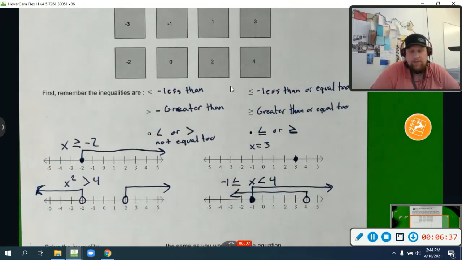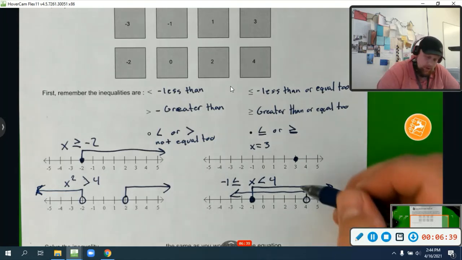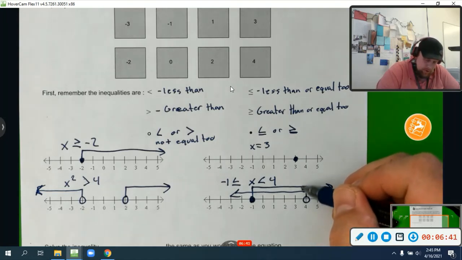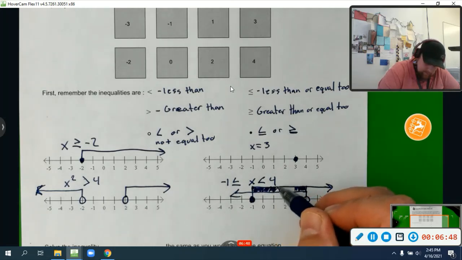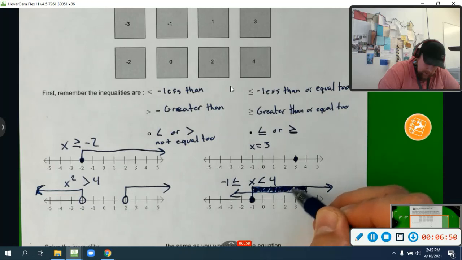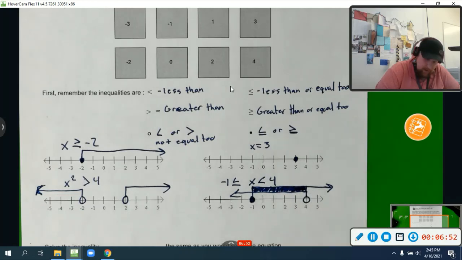Now, our trick is finding out where both of these are true. Well, they're both true where the arrows cross. That's why I'm going to fill this in. Don't have to be perfect about it. Okay? So that is how we would graph a boundary problem.